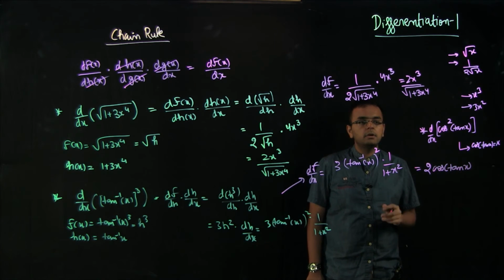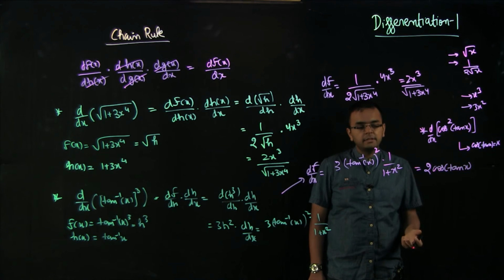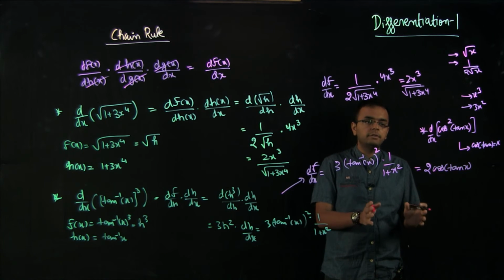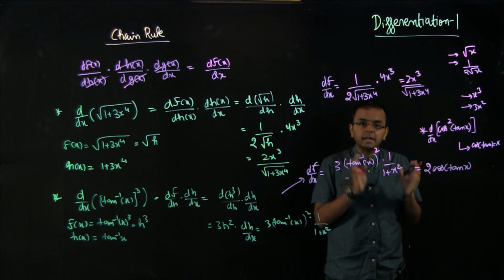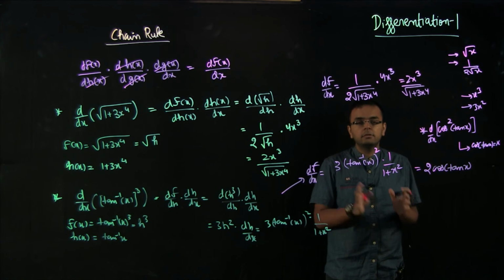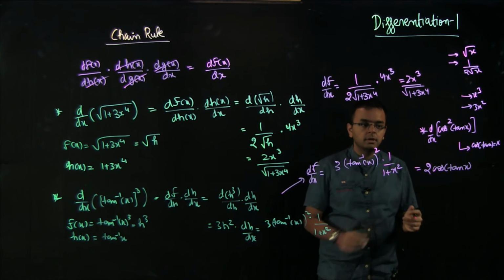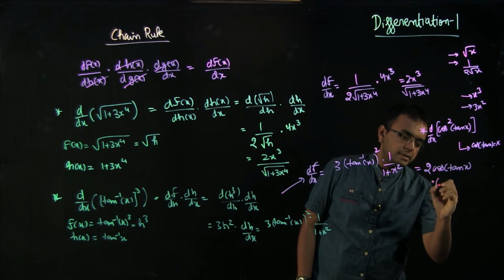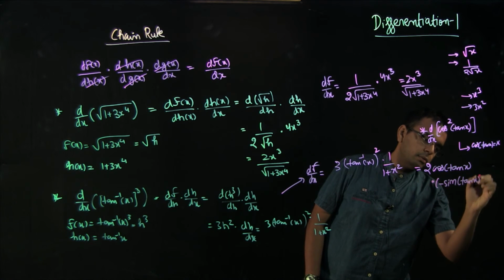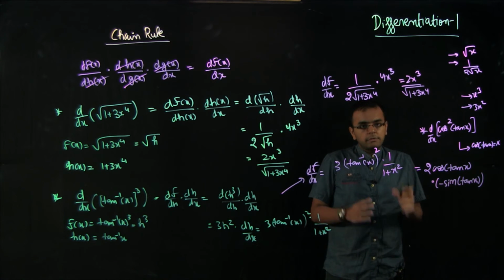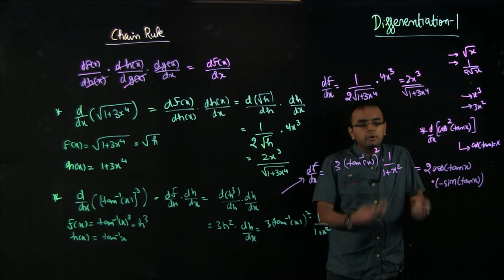The second step is now to assume tan x as x, because now you have to differentiate cos of tan x. So now you can assume in your mind that tan x is the x. So then the derivative of cos x is minus sine x. So you will multiply this as minus sine of tan x. And now you have to differentiate tan x, because that is what you had assumed as x.